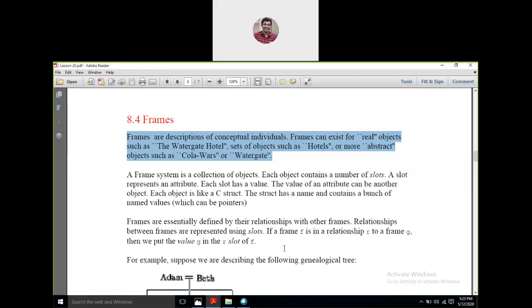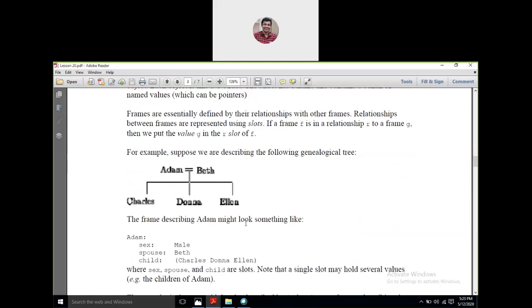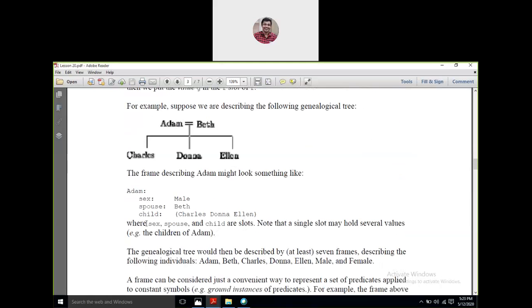Obviously it is for a real object, conceptual individual, for obvious reasons, right? This will be for a real object. The real object is Adam out here. Now here sex, spouse and child are the slots for a frame called Adam. So Adam does have 3 slots. These 3 are the slots of the frame called Adam.